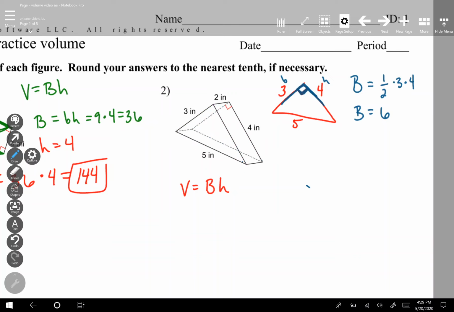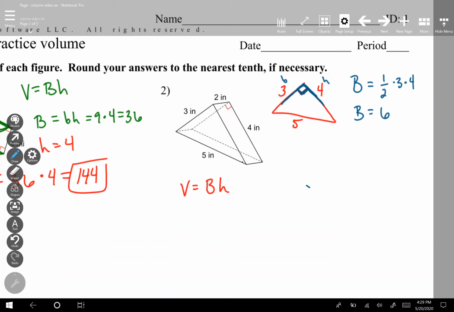Now we have one last shape that we have to learn how to find the volume of. So we're going to go back to our formula chart because our last shape is a sphere. Okay, for a sphere, the volume is 4/3 pi r cubed. Okay, it's very important that you don't forget to do the r cubed.